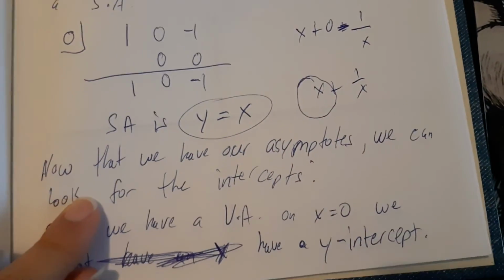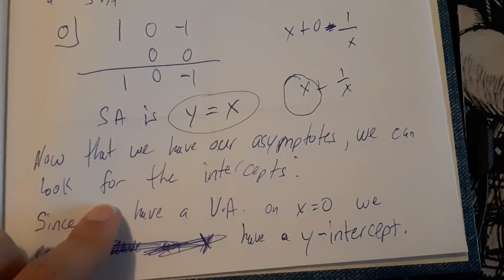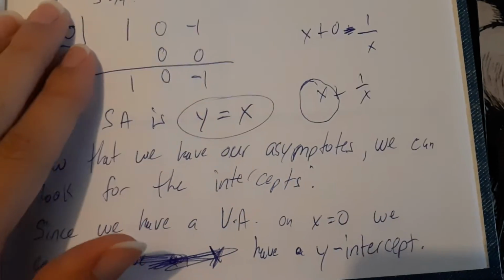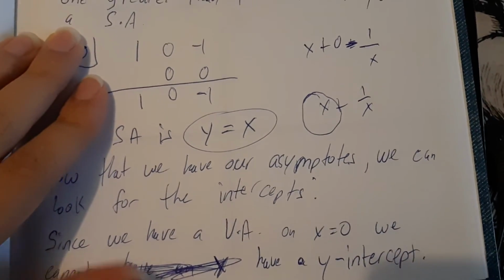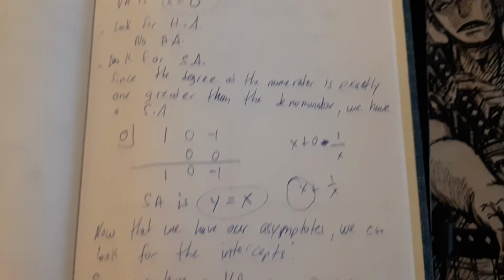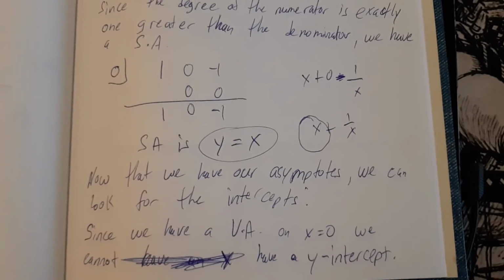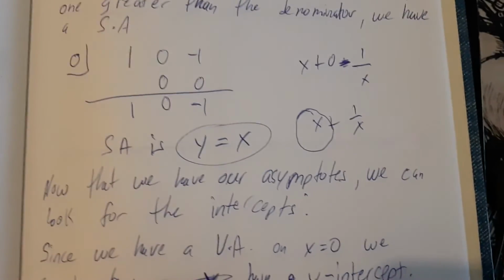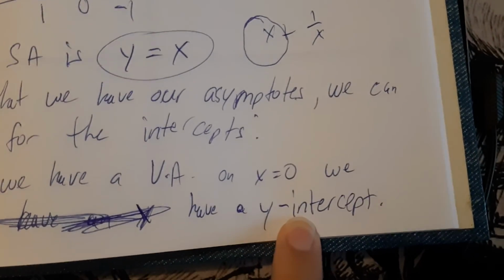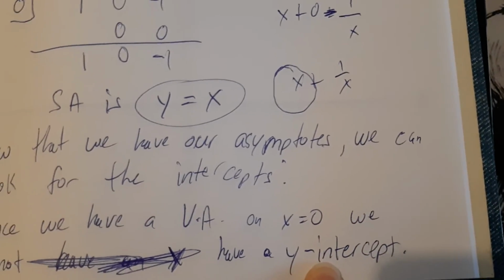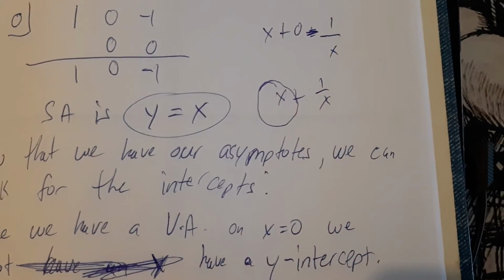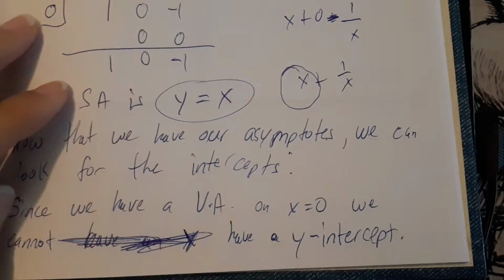All right, so now that we have our asymptotes, we can look for the intercepts. Remember, we have both an x-intercept and a y-intercept, hopefully. In order to find the intercept in y, we normally substitute the value of x as 0, and then we evaluate that in y.